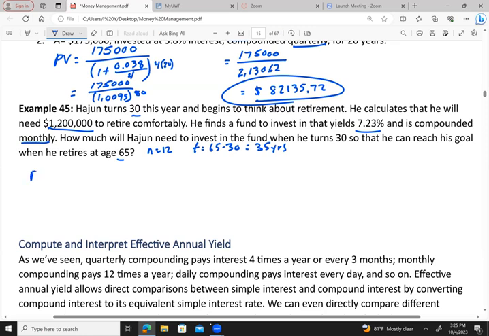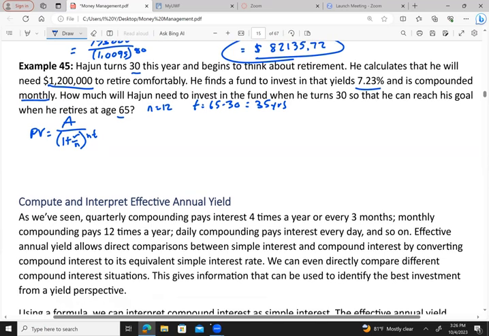So our present value is equal to the amount over 1 plus R over N to the NT, just as a refresher. So let's put our numbers in here. 1,200,000 over 1 plus R in decimal form, 0.0723 divided by N, which is 12, all to the N times T power.